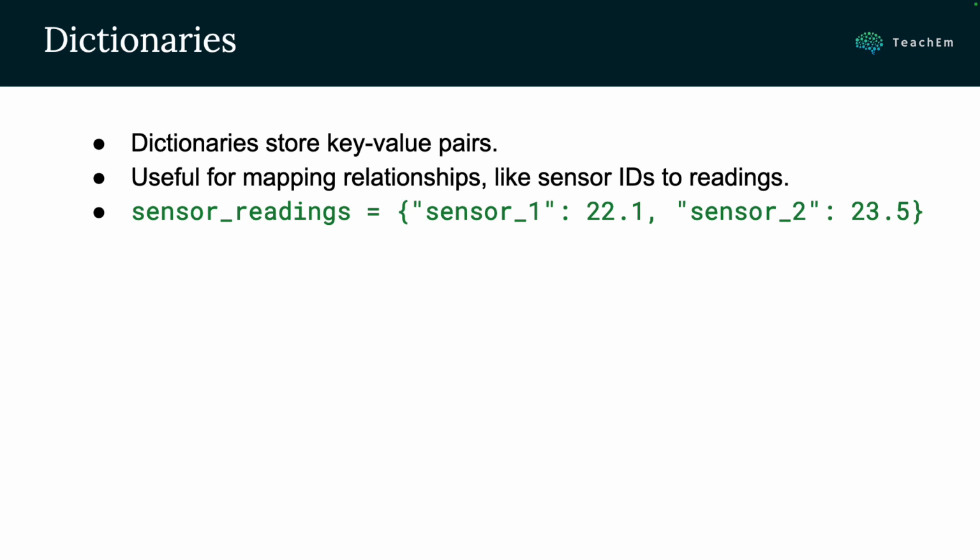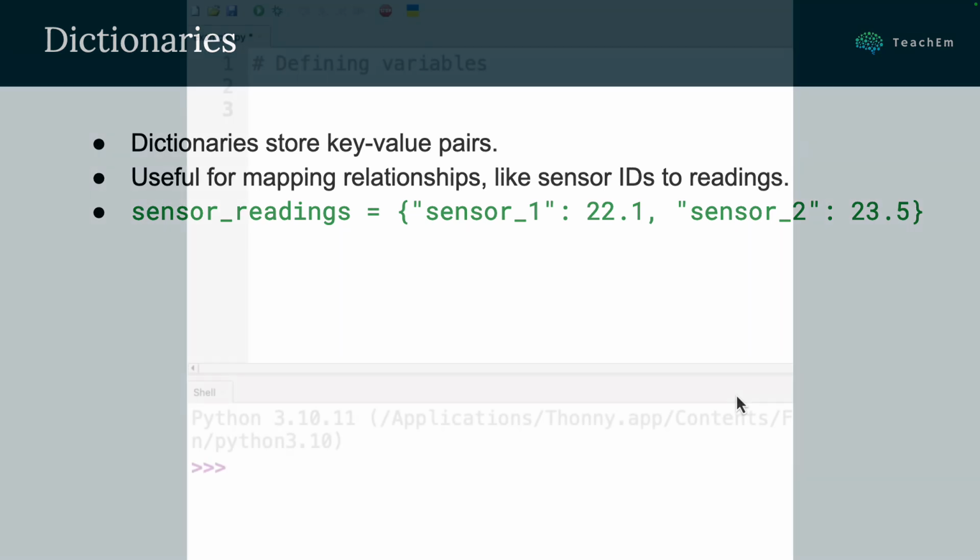This is a dictionary when we use a curly bracket to define the variable. Each of your keys here, and the keys are each of those different sensors, has to be enclosed in quotation marks. Then you use a colon to define the value or the set of values that are associated with each of those keys. Dictionaries allow you to organize and access data efficiently, which is especially valuable in complex experiments or simulations.